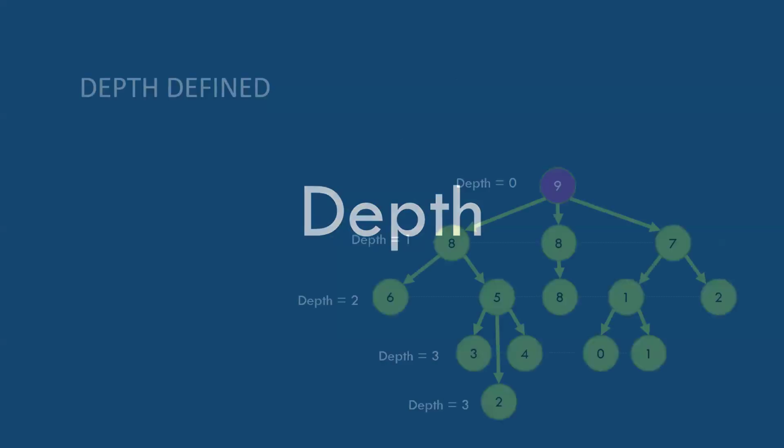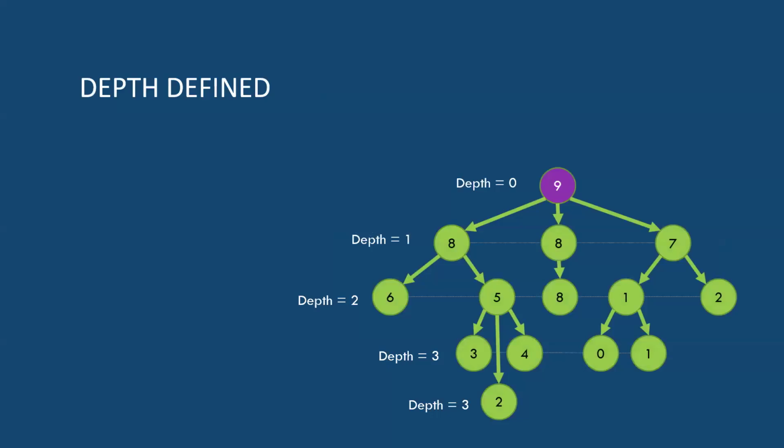Now, in terms of notation, we talked about height before. We're moving into the world of recursion again, and we're going to talk about depth. So depth 0 is at the root. Depth 1 for us is going to be the next level, and the next level, and the next level. It's a little bit annoying that there's height and there's depth, and the equations are a little different or off by 1 between the two.